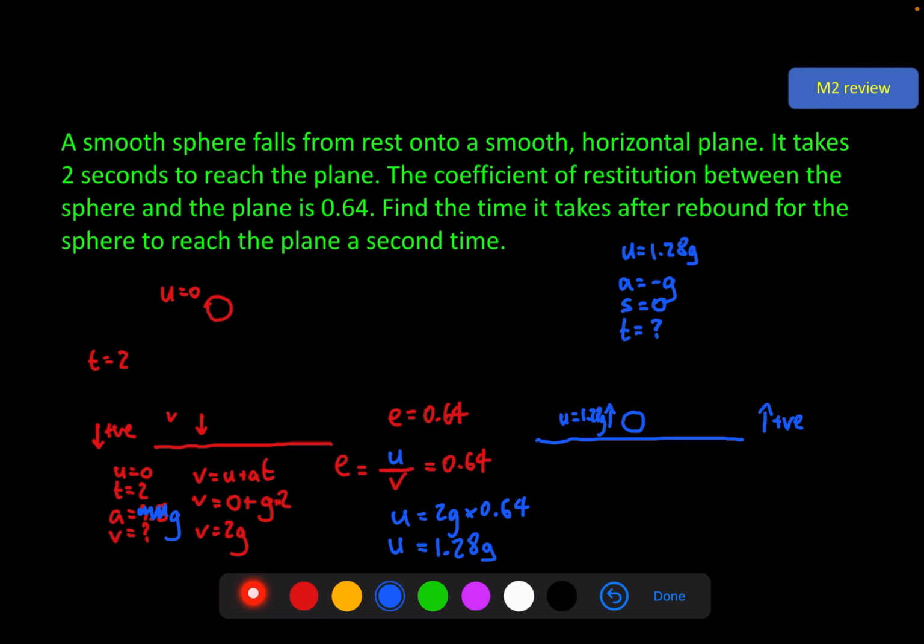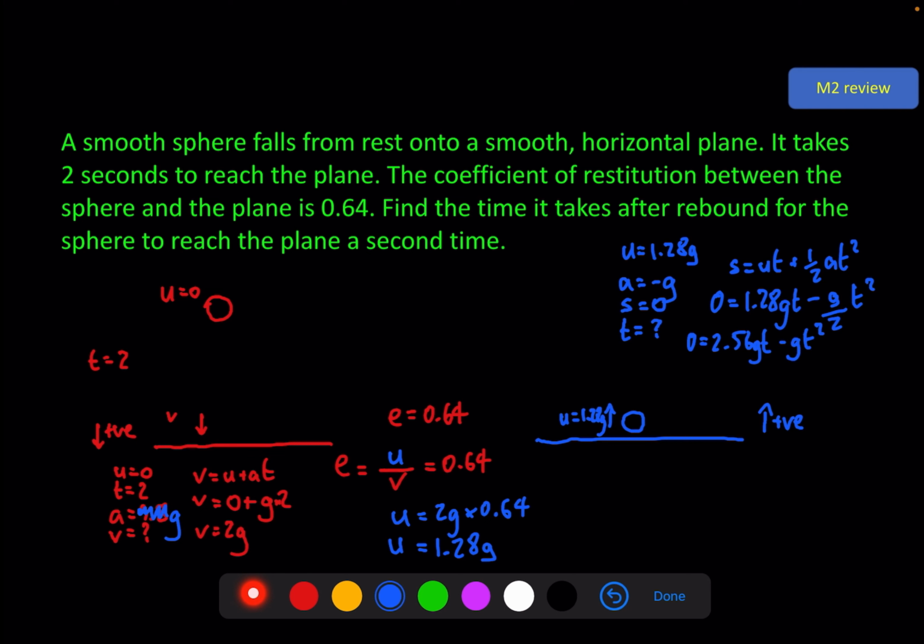So here we're using s is equal to ut plus a half at squared, where s is 0, 1.28g times t, plus a half times minus g, so minus g over 2 t squared. If I multiply everything by 2, that gives me 0 equals 2.56gt minus gt squared.